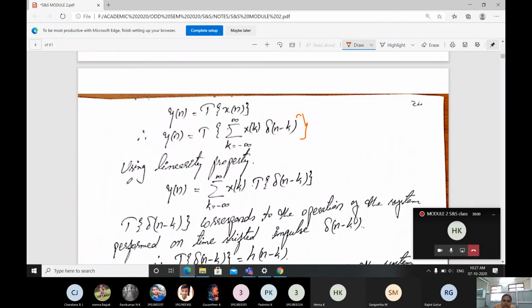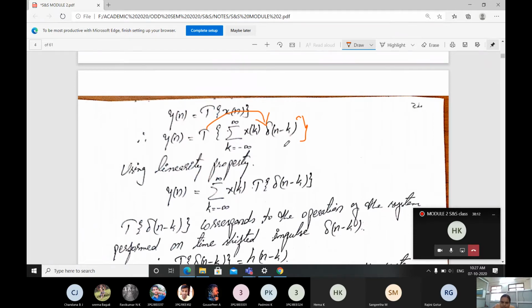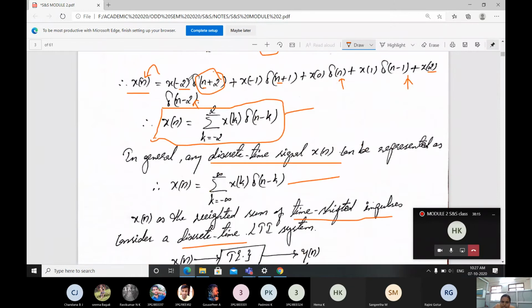Then using the linearity property, I can write y of n is equal to this time operator, which I can apply only to the impulse, because here it only changes the time. If I take the amplitude part, it's not a constant way.